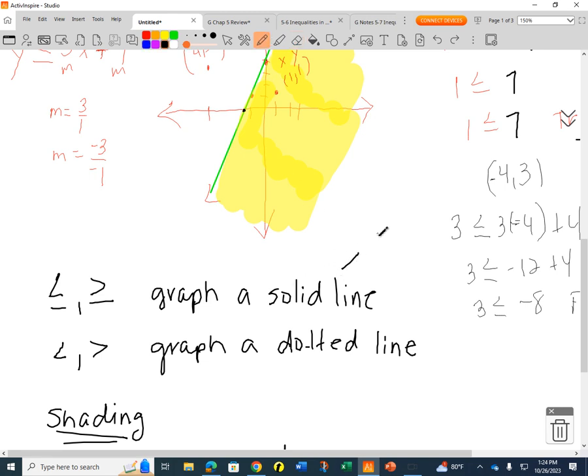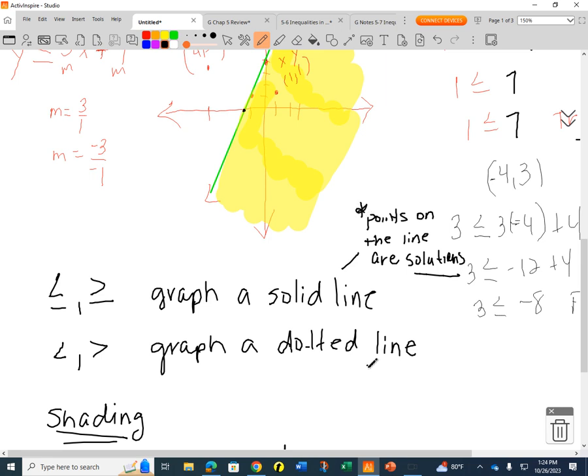So if it's a solid line, points on the line are solutions to the inequality. Are solutions. We're just going to leave it at that.